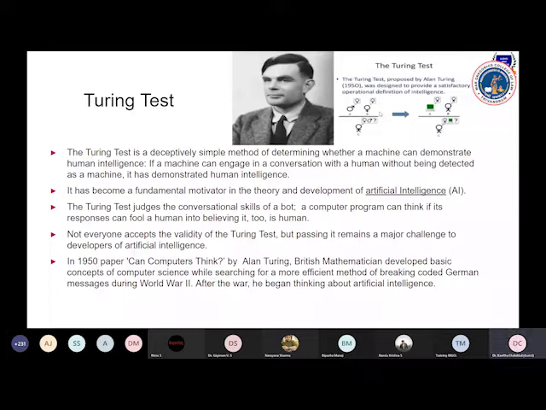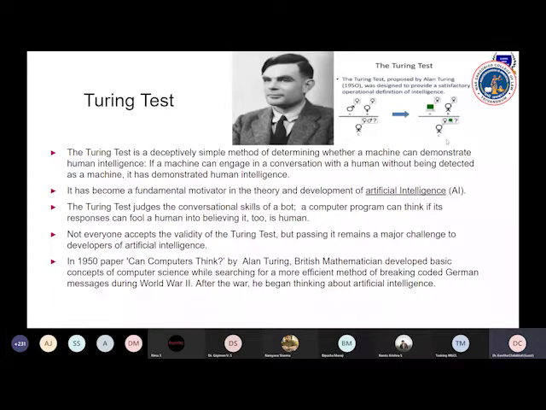You don't see who is behind the curtain, but you are interacting with the two individuals or things behind it, and it is up to C to identify who is a human and who is a machine.